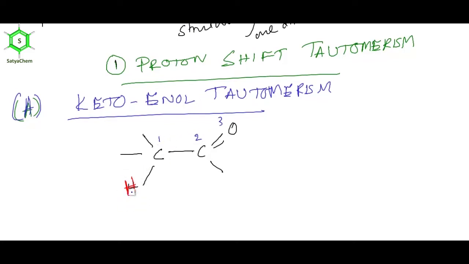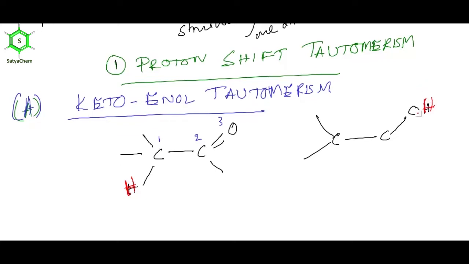Now this hydrogen gets transferred from the number 1 atom to the 3 atom, that means here to the oxygen. So this hydrogen gets transferred to this oxygen atom, the third atom. Clear? I have numbered in this way.